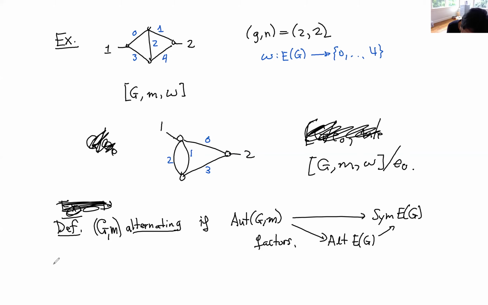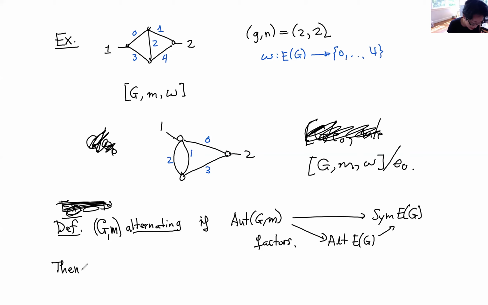I discussed very quickly the fact that if (G, M) is not alternating, then it zeroes out in the graph complex, because it's identified under the relations we discussed with its negative.